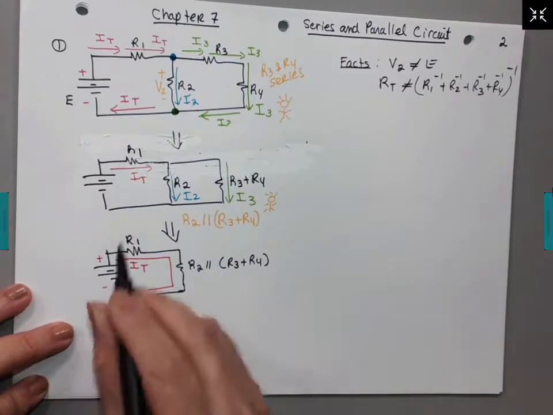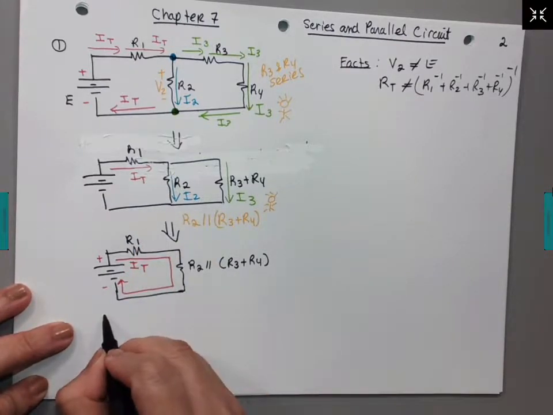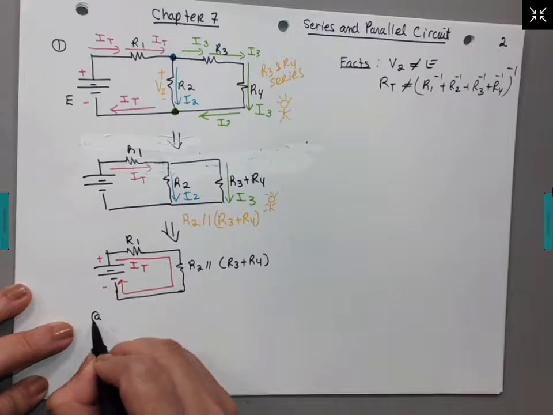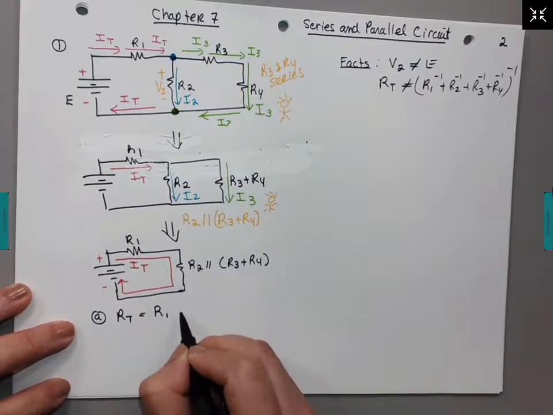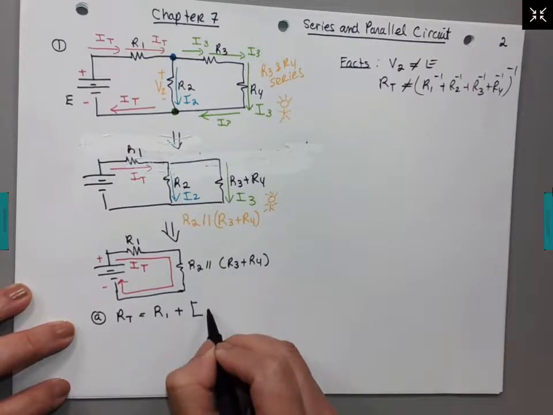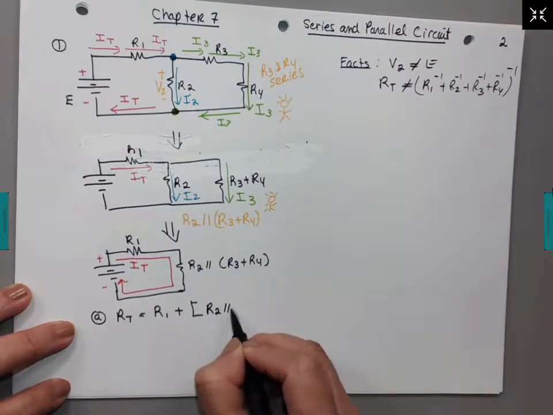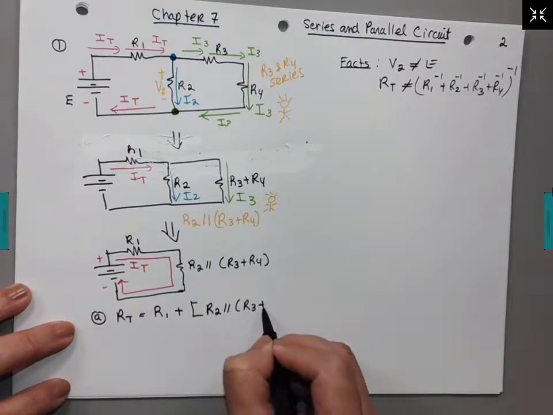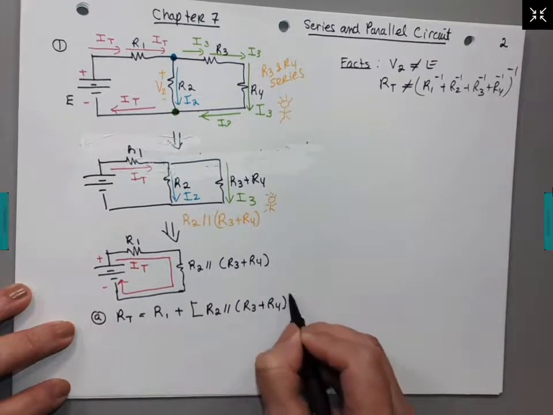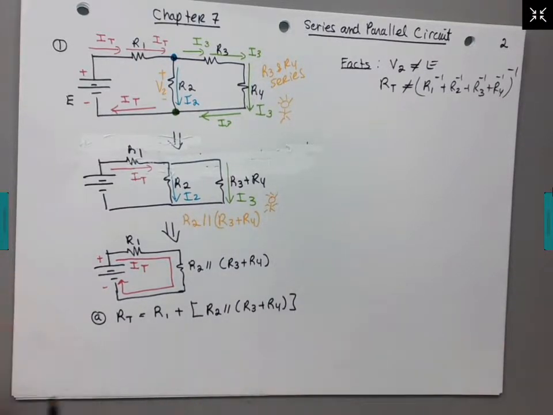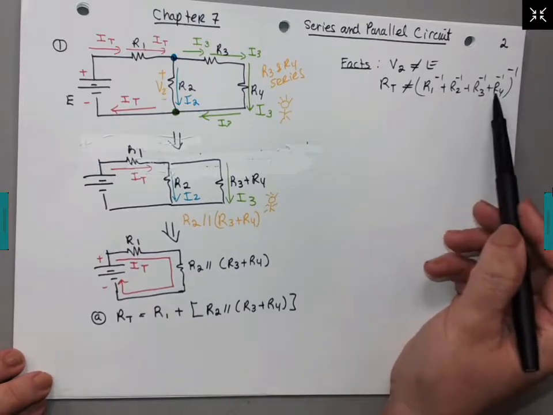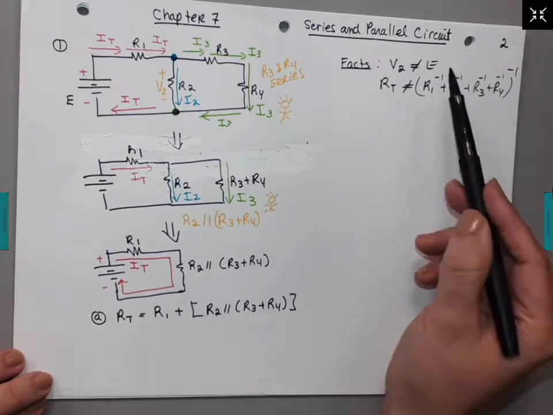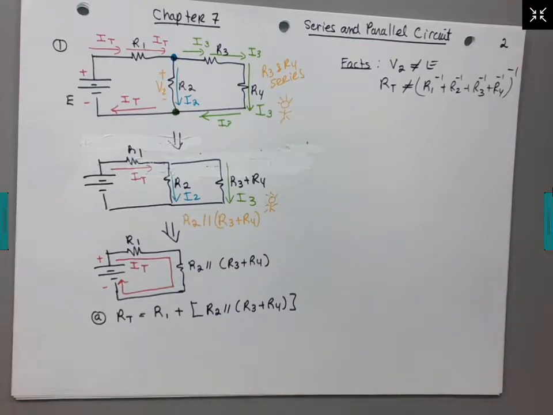So the first thing we always do in a circuit is that we find RT. In this case, it is R1 plus R2 in parallel with whatever the summation of R3 and R4 are. That is RT, not all of these guys with that long equation. If you do that, that is wrong. All right?